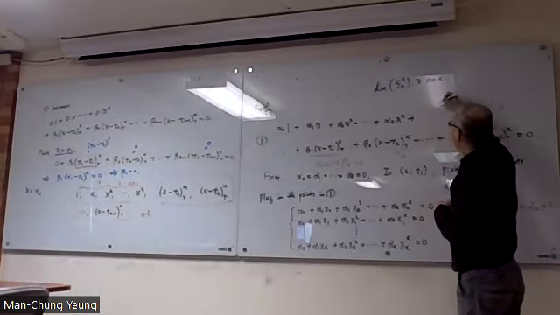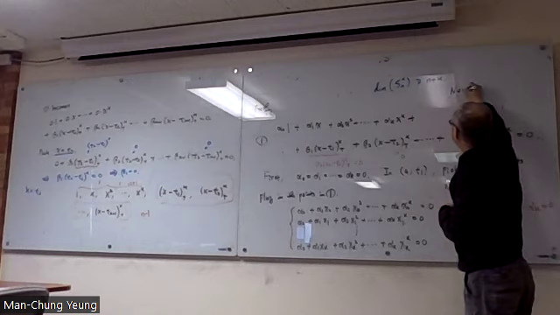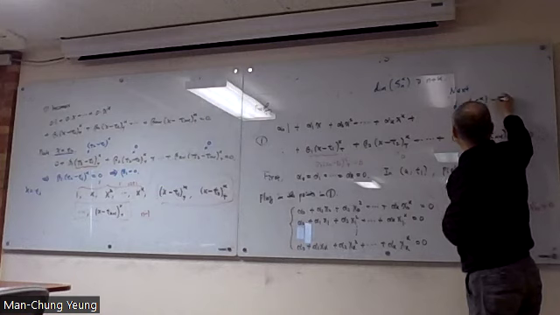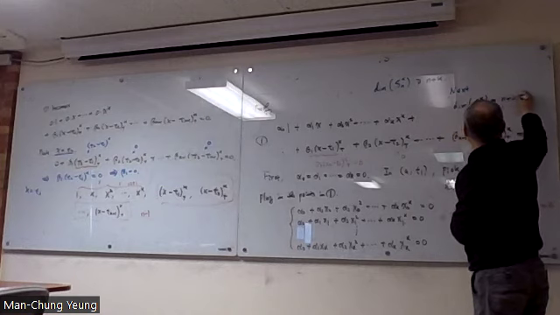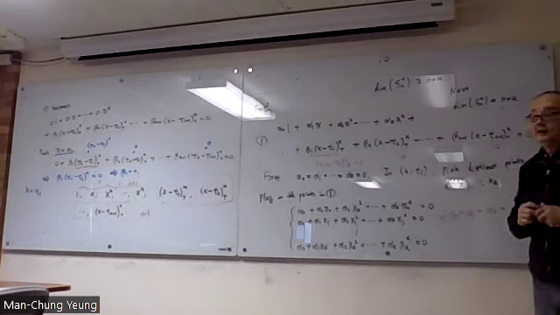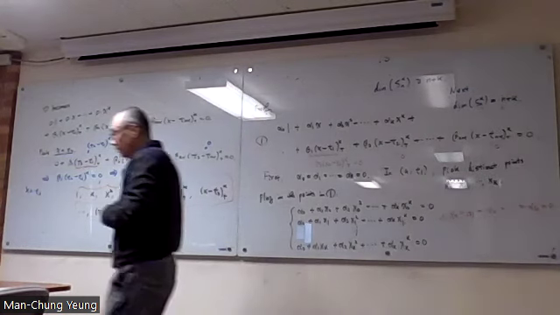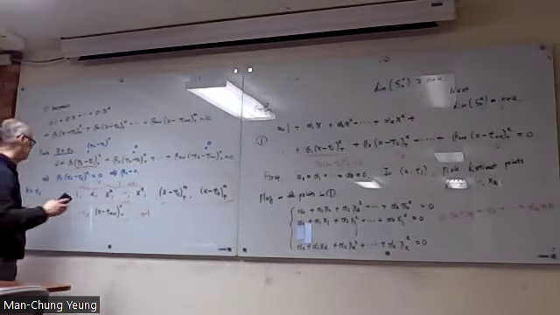Now, next, I want to show that the dimension of S_n^k must be equal to n plus k. Now, how to solve?